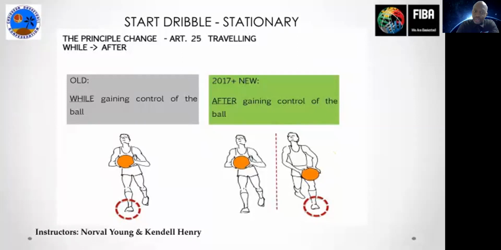In the old rule, while gaining control of the ball, you basically had to remain the pivot, and you were not allowed to take more than one step after gaining control. However, in the new rule, after gaining control, you're able to change.